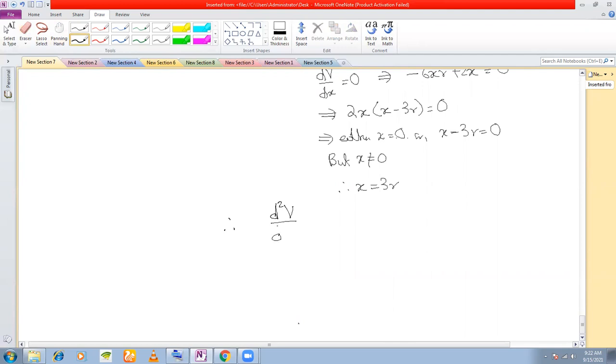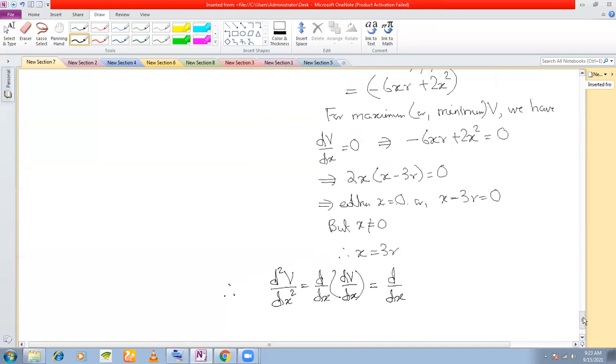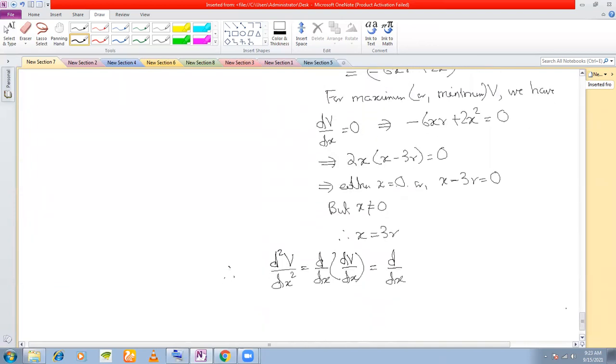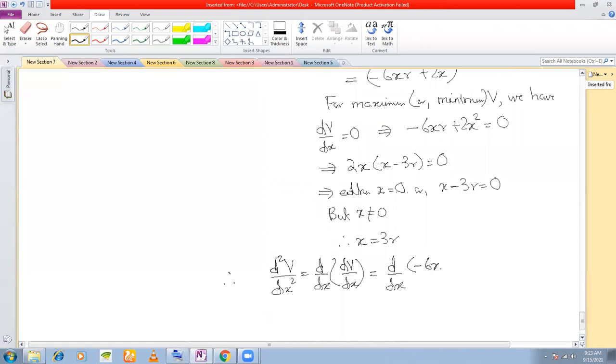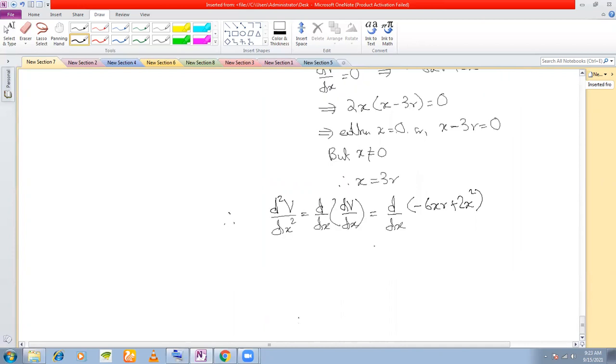Therefore, d2v dx2 is equal to d dx of dv dx, is equal to d dx of, now what is dv dx here? We have found out above. dv dx was minus 6xr plus 2x square. Minus 6xr plus 2x square, which is minus 6r plus 2 into 2x. Oh, 6x dr dx, because r is a variable, right?